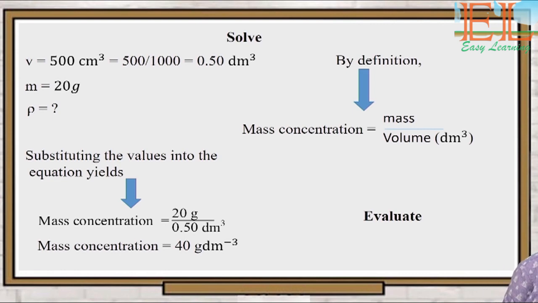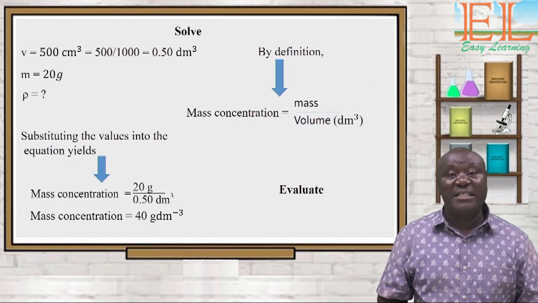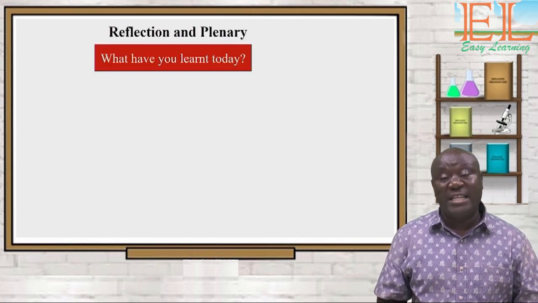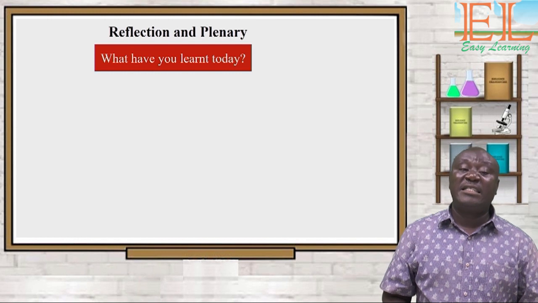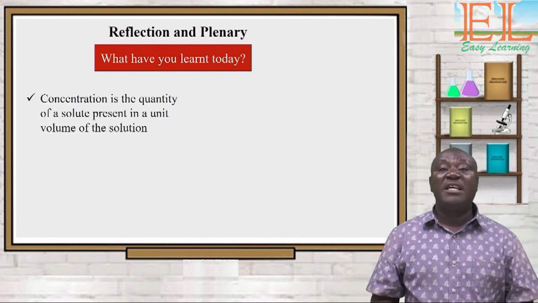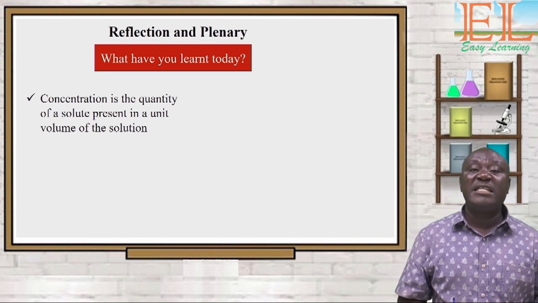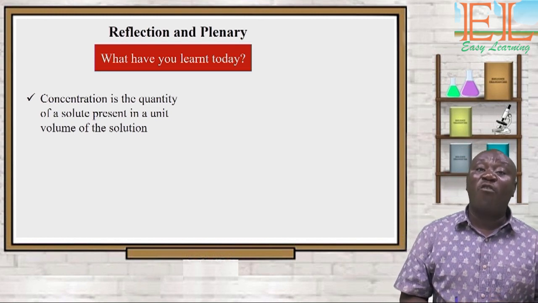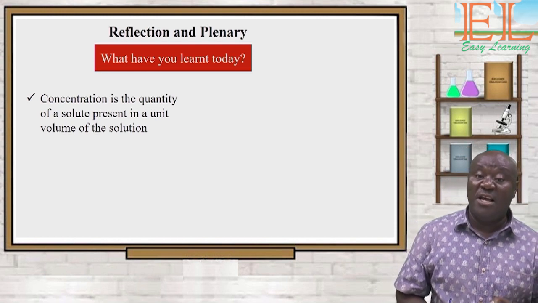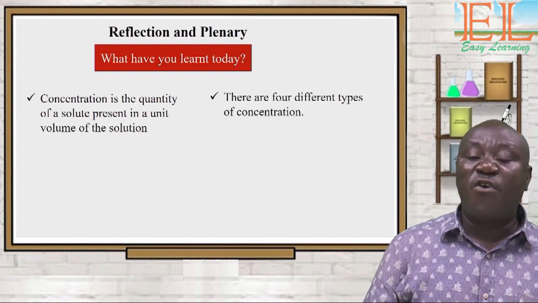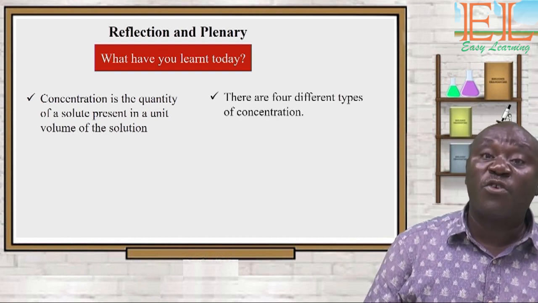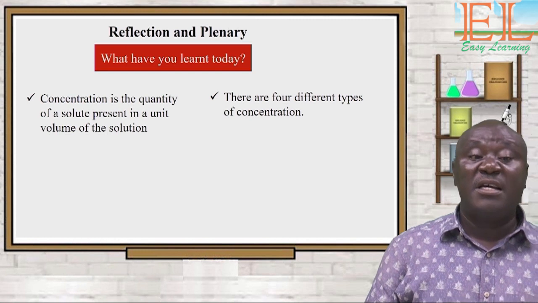All too soon, we've come to the end of the lesson. What have we learned today? We learned that concentration is the quantity of a solute present in a unit volume of solution. We also learned that there are 4 different types of concentration.